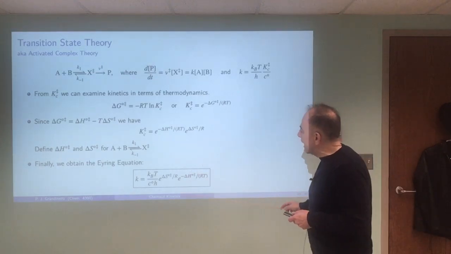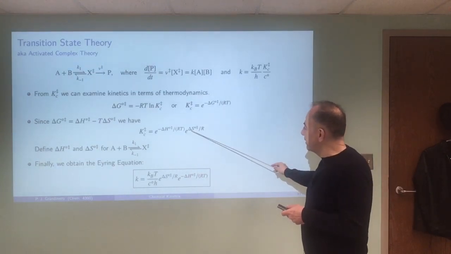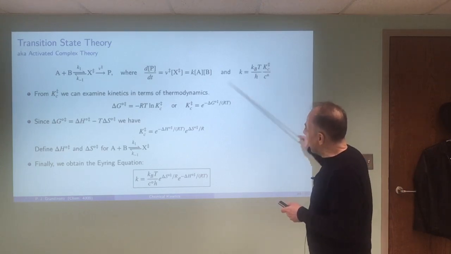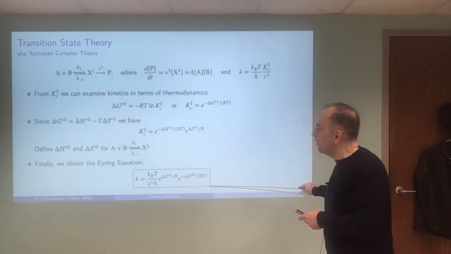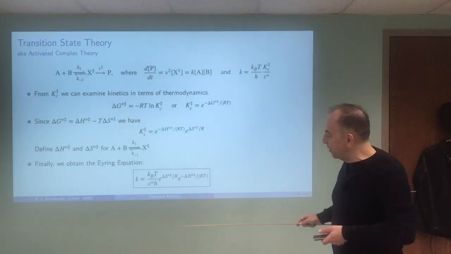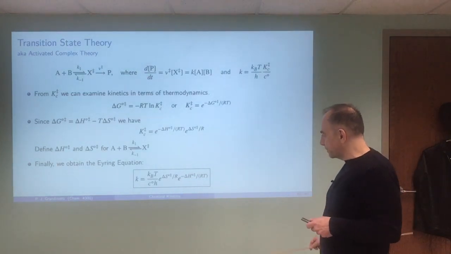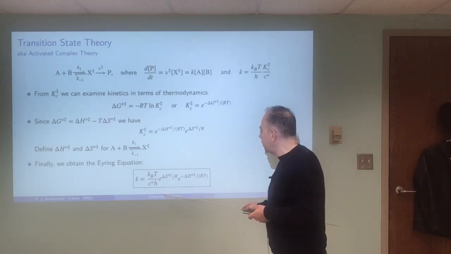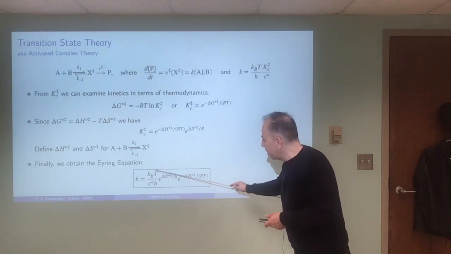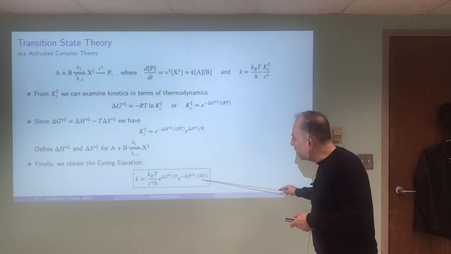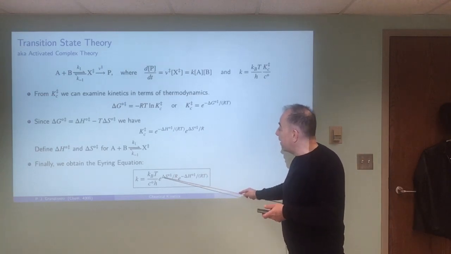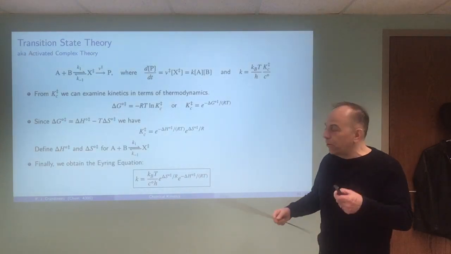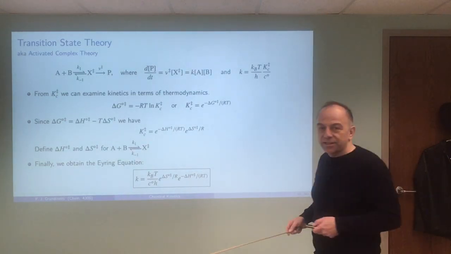And so taking that expression and plugging it into this expression up here, I now have my expression for the rate constant, which is the Eyring equation, which I showed at the beginning of this video. And this expresses the rate constant, which has a temperature dependence, both here and over here, but also in terms of the entropy and enthalpy change associated with the formation of this transition state.